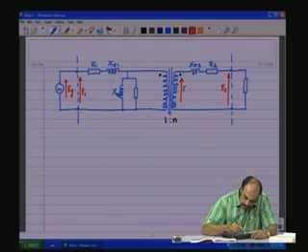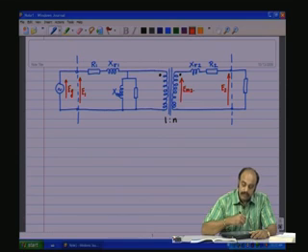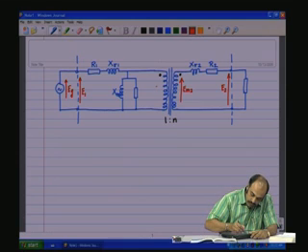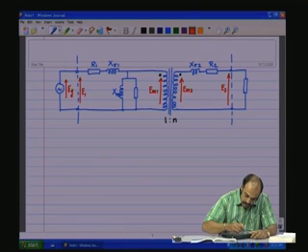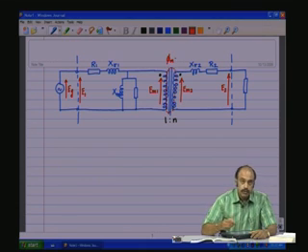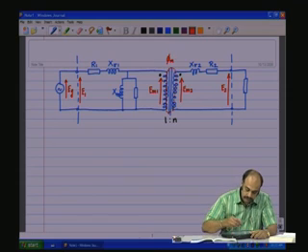This is the induced EMF due to the mutual flux on the secondary side, and the induced EMF on the primary side due to the mutual flux. There is of course a mutual flux which links the two coils, primary and the secondary.